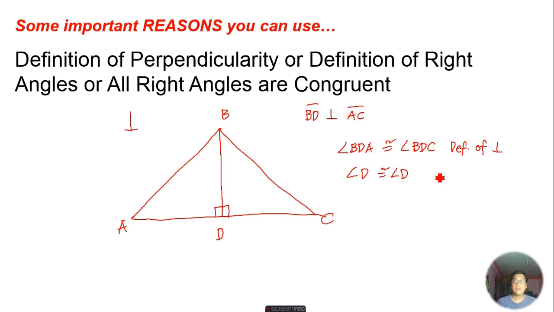You can also say definition of right angles, because we know that right angles are all congruent since they measure 90 degrees. Or, if you don't want to use these two, you can just say all right angles are congruent, but you're writing too many words. The shorter the better, and it is already acceptable.